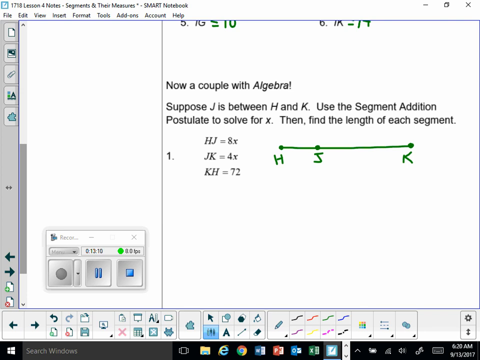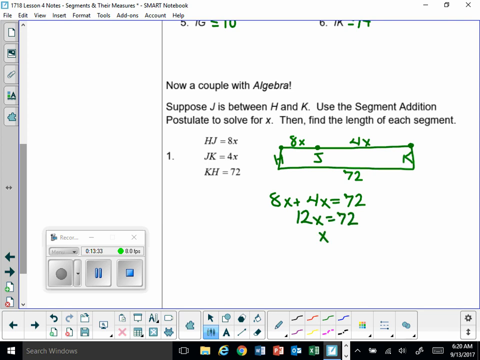So let's label this. HJ is 8X, JK is 4X, and KH is 72. So the part plus the part equals the whole. 8X plus 4X equals 72. 12X equals 72.